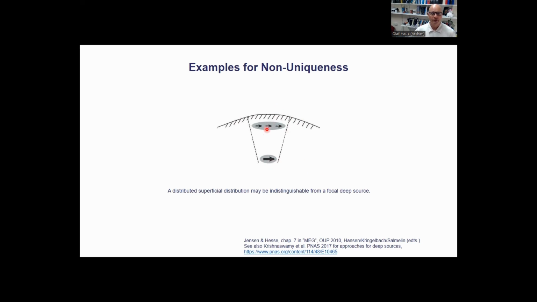There is already a fundamental non-uniqueness, namely that a deep focal source produces very similar, even the same signals as a distributed superficial source. So unless you have additional constraints on the focality or the distribution of your sources, you will not be able to say whether your source is close to the sensors or deeper down, maybe more focal and stronger. This is one important ambiguity in our data.